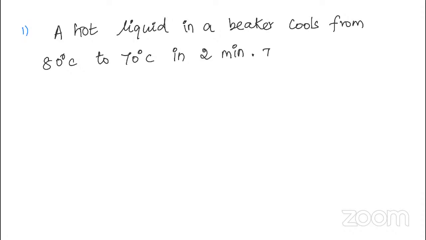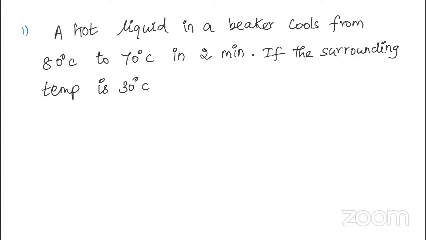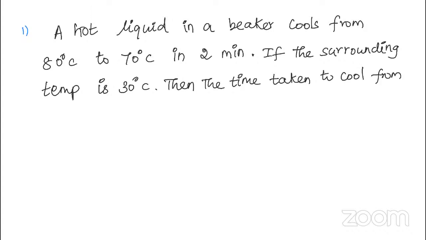If the surrounding temperature is 30 degrees Celsius, then the time taken to cool from 60 degrees centigrade to 50 degrees centigrade is what?